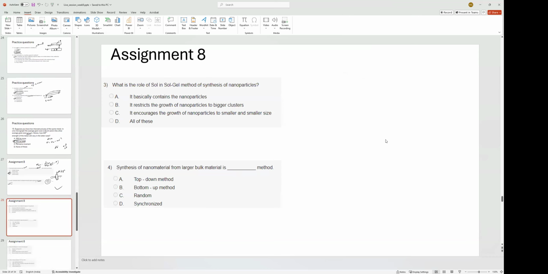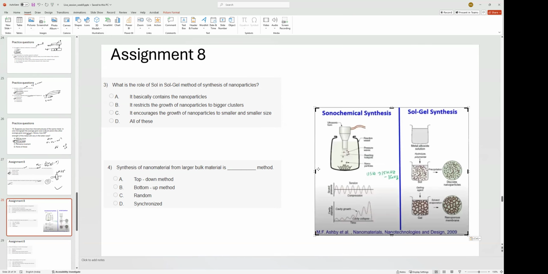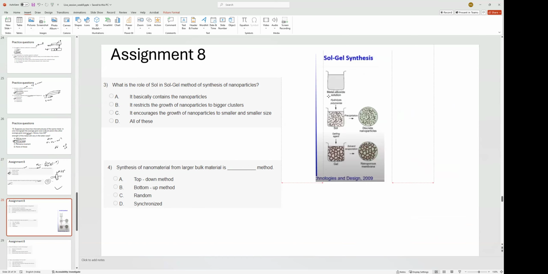What is the role of sol in the sol-gel method of synthesis of nanoparticles? Remember this slide?